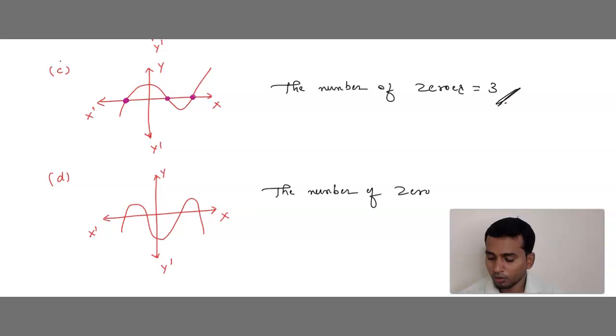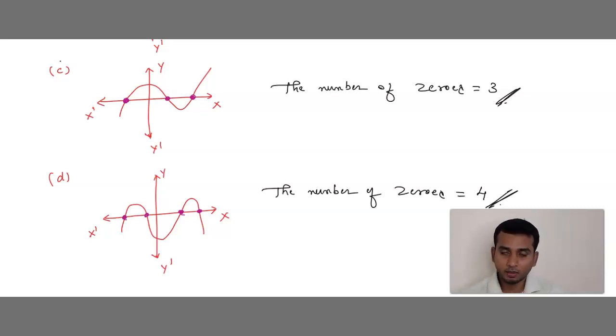Shall we see? 1, 2, not the y-axis, only the x-axis. 3, 4. How many zeros do we have, children? The number of zeros is equal to 4. Is it difficult to tell how many zeros we have by seeing the graph? No, it's very easy, right?